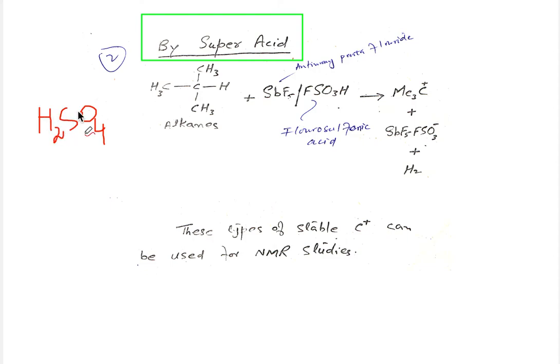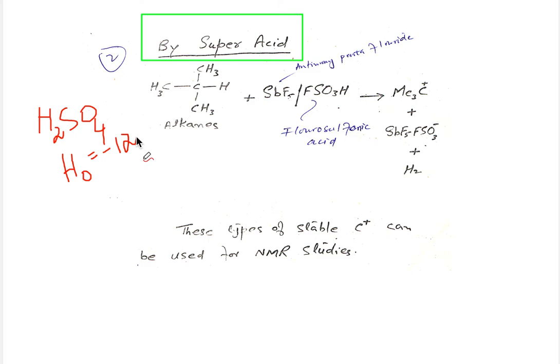The Hammett acidity function, which we denote with H naught, is minus 12 for 100% pure sulfuric acid.